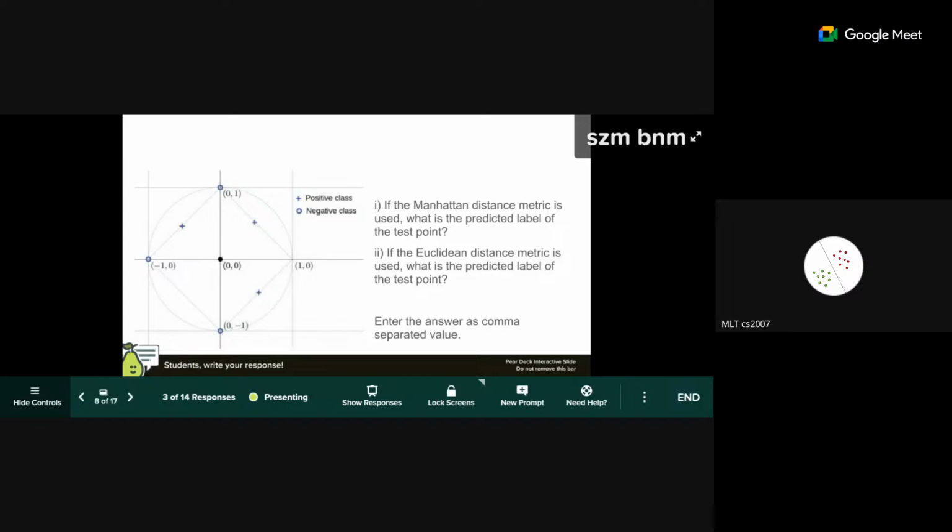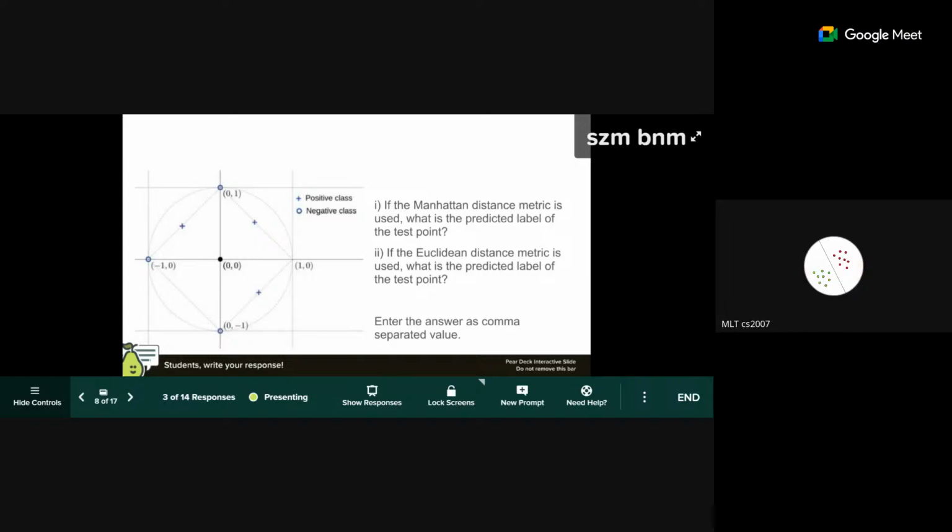As I'm using k equal to 3, the majority vote is again going to the points which are labeled as plus. So yes, for the second question, the answer is going to be that the label is positive. But ma'am, which points are labeled as plus here first?